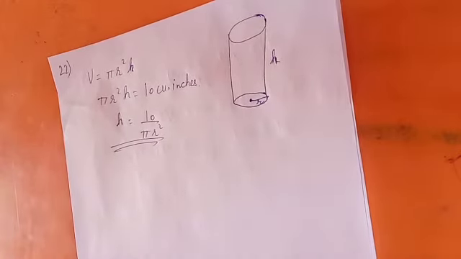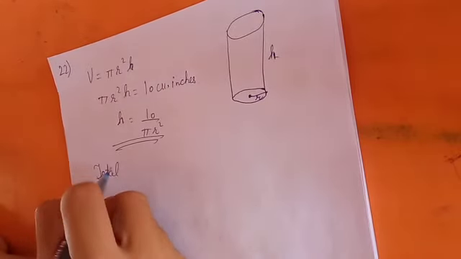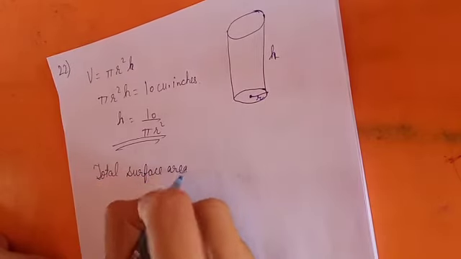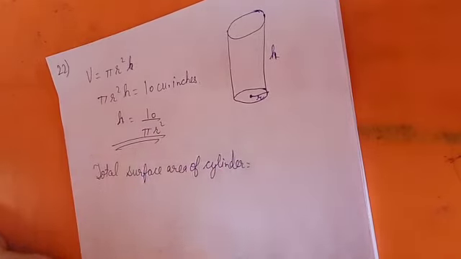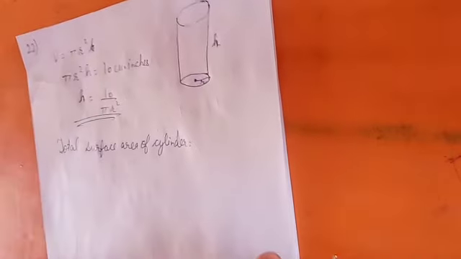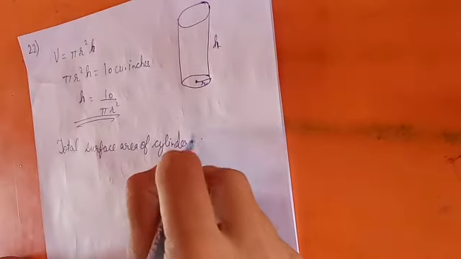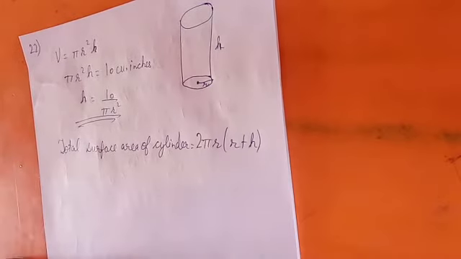So what is the total surface area of a cylinder? Total surface area of a cylinder is equal to 2 pi r into r plus h.